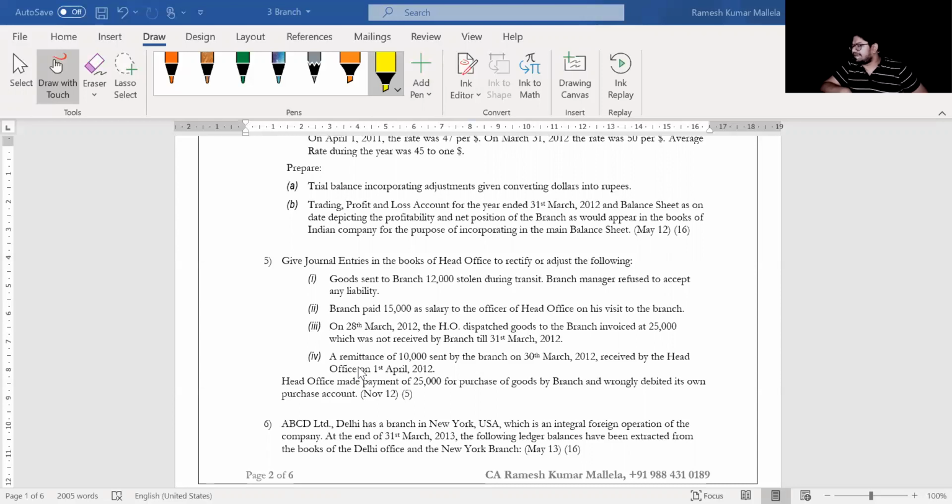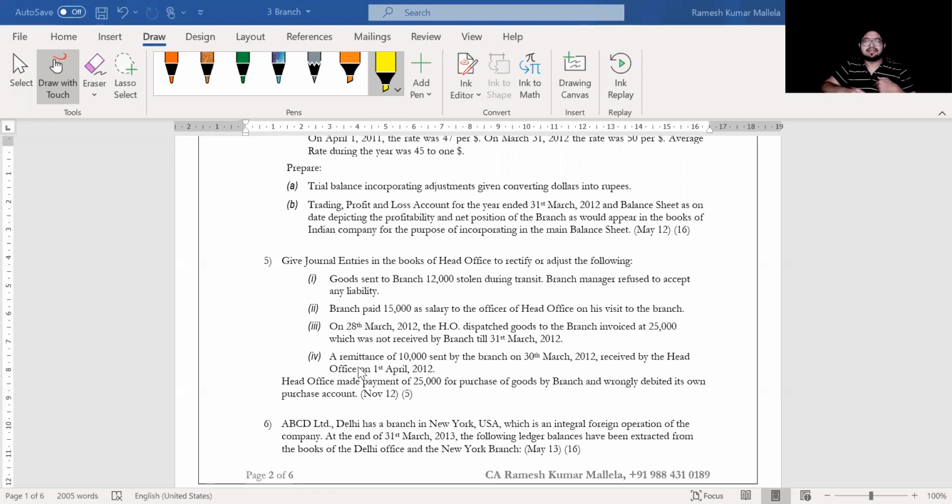Next. On 28th March 2012, the head office dispatched goods to the branch invoiced at 25,000, which was not received by branch till 31st March 2012. Now, please see carefully. Goods is dispatched by head office. That means in my books, I would have already accounted for it.